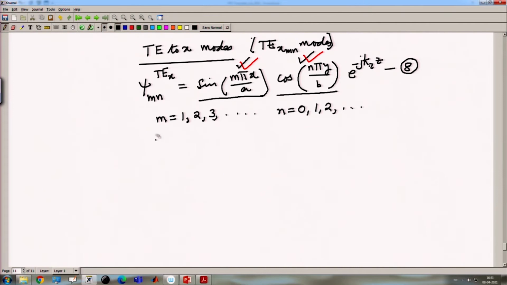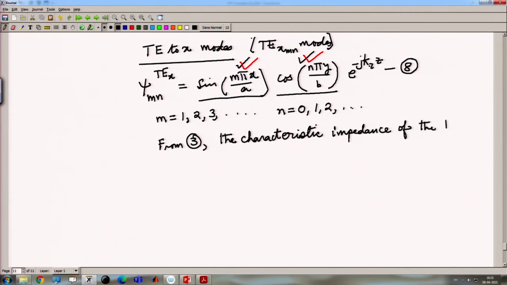This is similar to the rectangular waveguide which we studied earlier. So, now from equation 3, the characteristic impedance of the TM to x modes can be calculated.